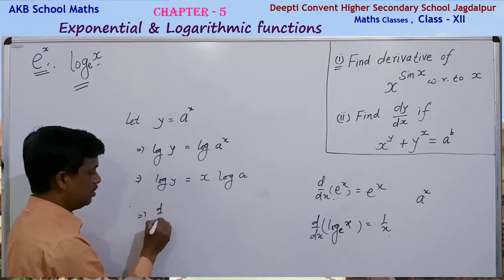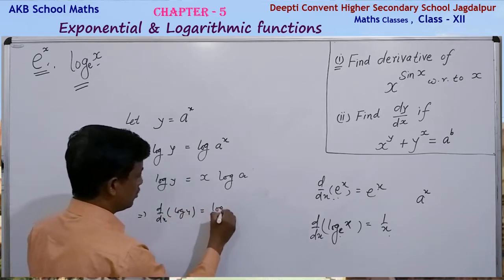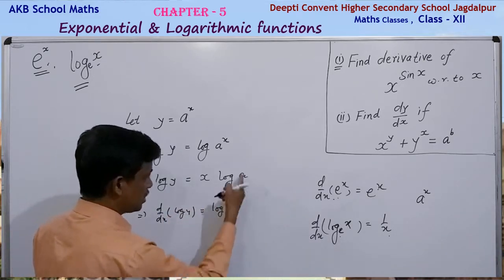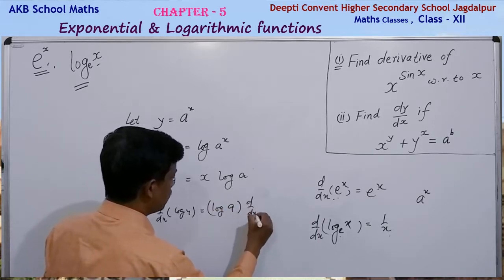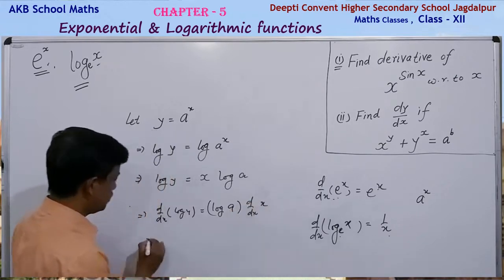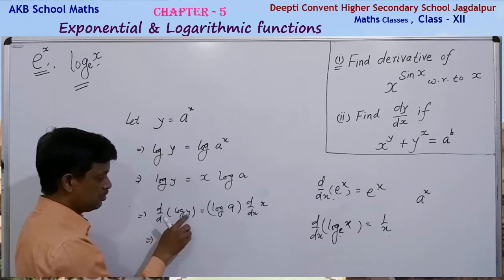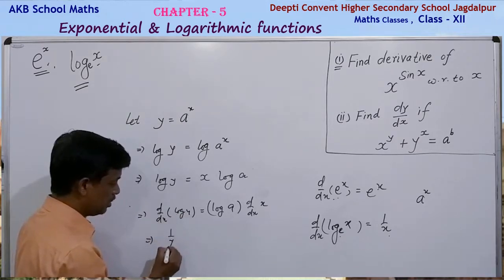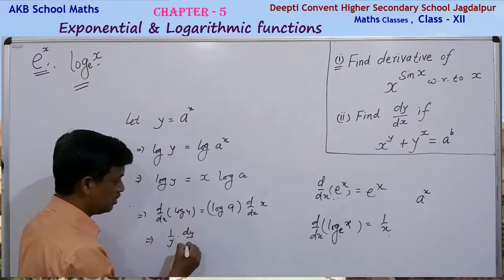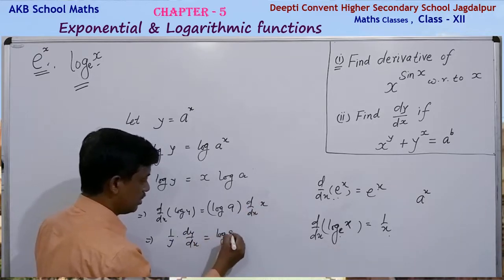Logarithm derivative with respect to x: log y equals x log a, log a is constant, so log a into the derivative of x. Here y is a function of x, so using the chain rule, the derivative of log y is 1 upon y, then derivative of y, dy upon dx, equals, here dx by dx is 1, and log a is constant.